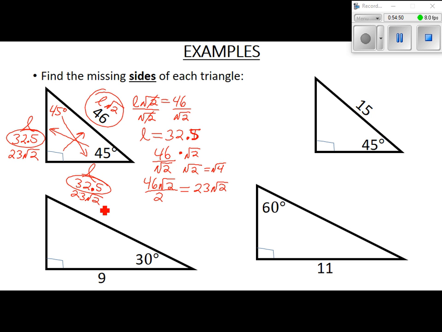Now the bad thing with that is, on this next one, the side across from the 45-degree angle should get labeled what? And the side across from the right angle? What equation are we going to set up?